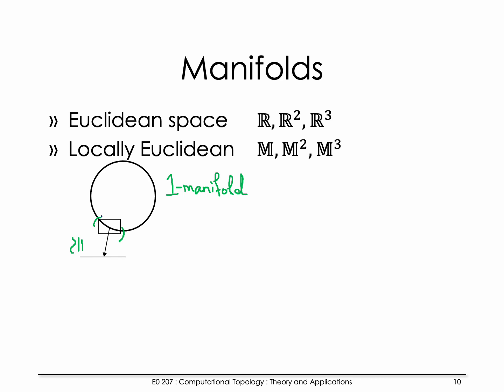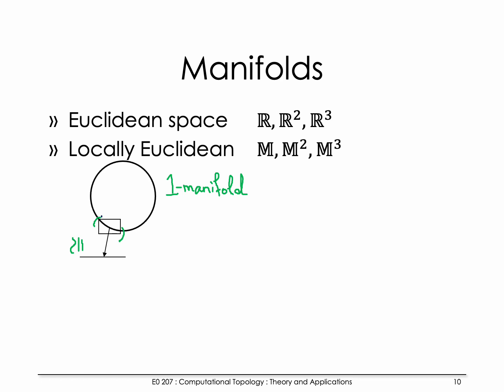So the formal definition follows from this example, right? A space M or M2 or M3 is a manifold if for every point X within that space there is an open set containing that particular point that is homeomorphic to the Euclidean space R, R2, R3, or in general Rd, right?